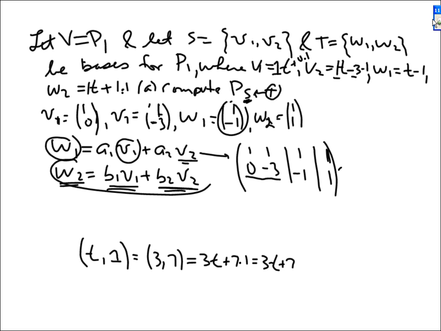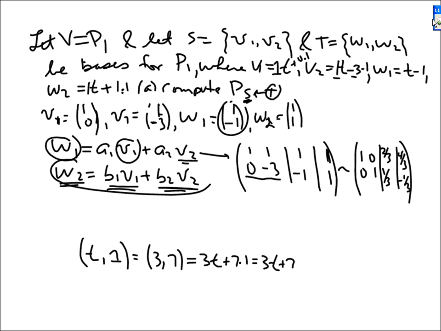Now, if you solve this, you'll first get the identity matrix, and then you'll get 2/3, 1/3, 4/3, -1/3.